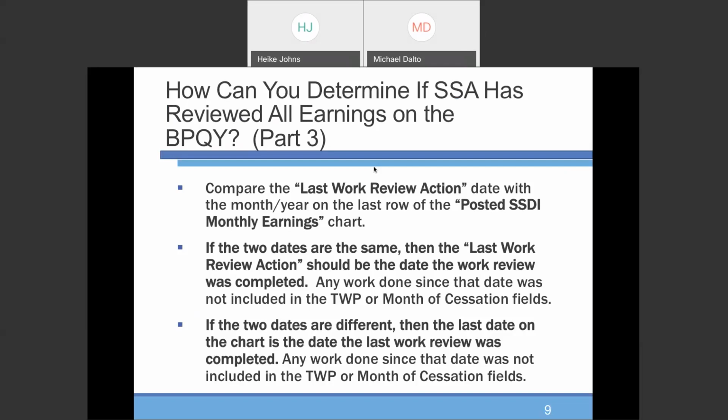But if the dates are different, if you see any dates appearing in the posted SSDI monthly earnings section that are later than the last work review action date, then that means there's some earnings that Social Security has not yet reviewed, and they may need to do another work review to evaluate those earnings.